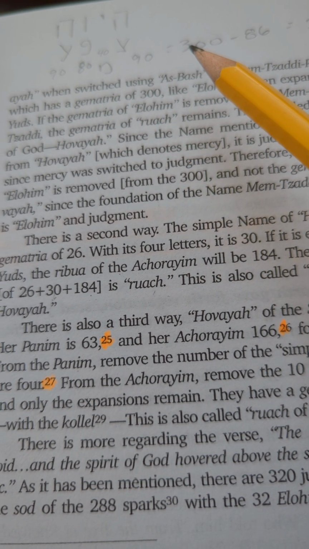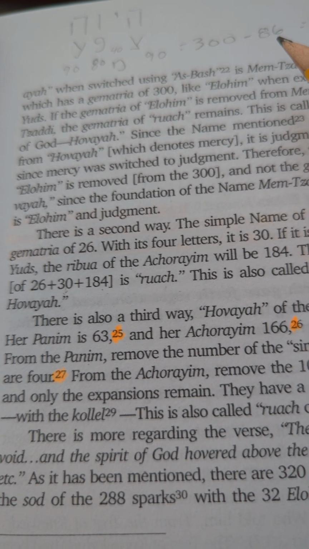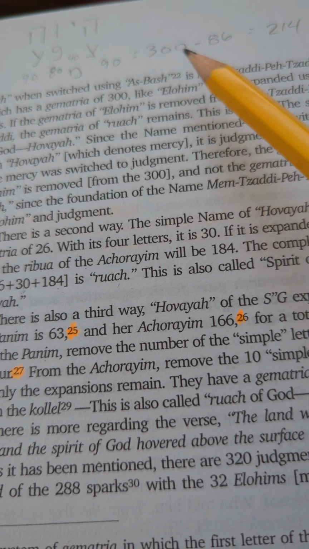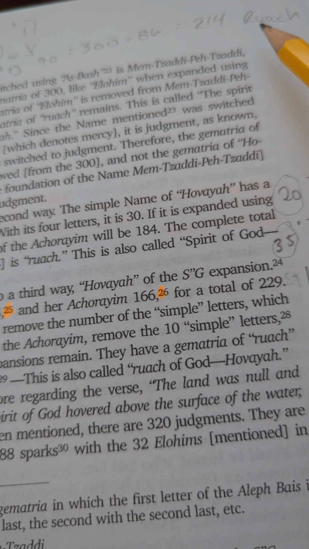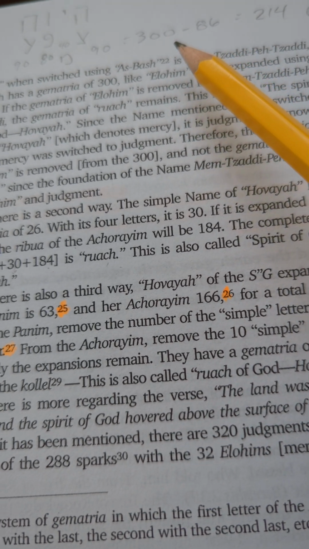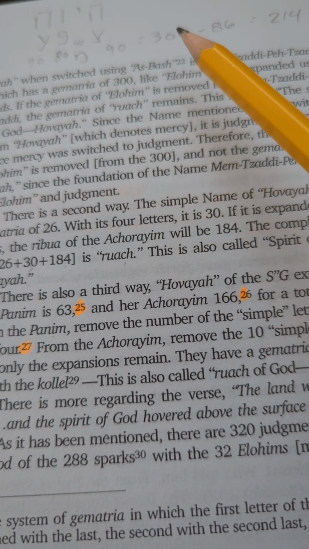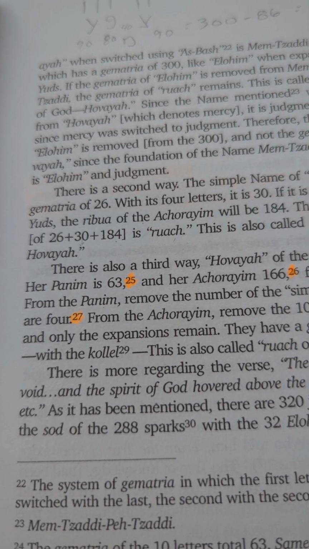When you remove the simple name of Elohim, Din, 300 minus 86, you remove the Din and have 214, which is the Ruach. Again, this is the hint to Hashem's mercy, the Spirit of God hovering over the face of the waters.